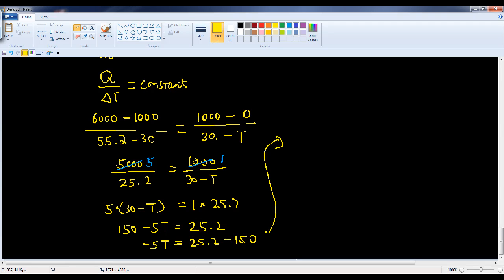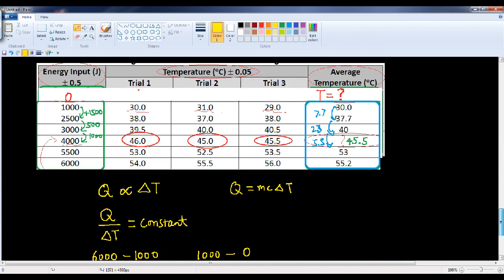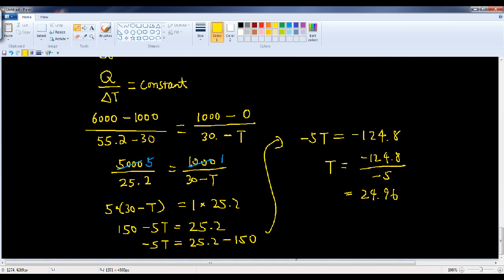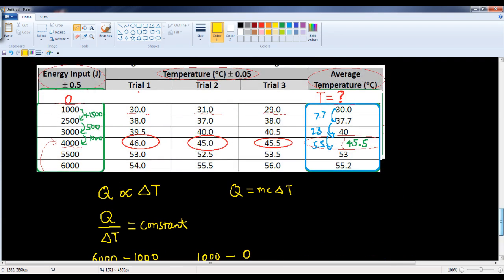Sorry, I'm running out of space. Let's use the calculator to find it. So T would be 24.96 from your calculator. But remember, we need 2 decimal places right here. So that would be our final answer: 24.96.